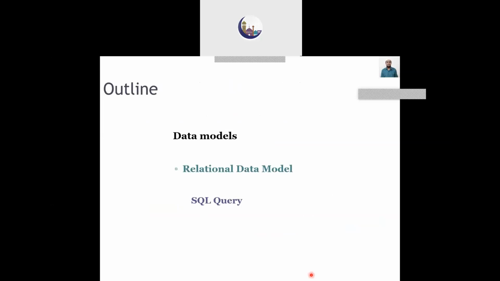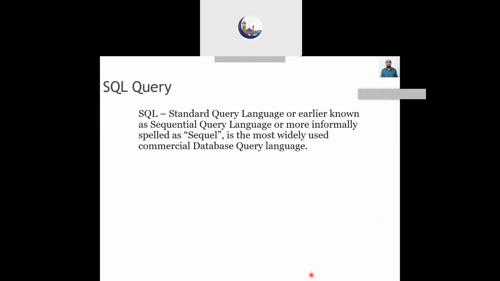Coming next, the SQL query. This SQL query is a statement, a command. Earlier it was called Sequential Query Language, but now it is called Standard Query Language, because different companies were having their own sequential query languages, and for a developer, it was becoming very difficult to learn different companies' different syntaxes.